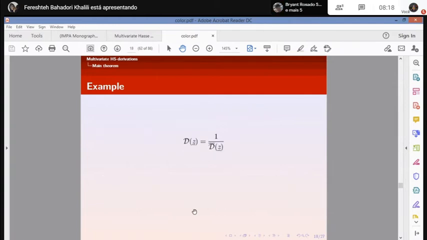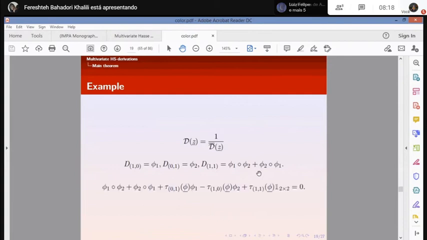Now, because these two are inverses of each other, a simple computation shows that the 1,0 is phi 1, the 0,1 is phi 2, and the 1,1 is these two compositions.